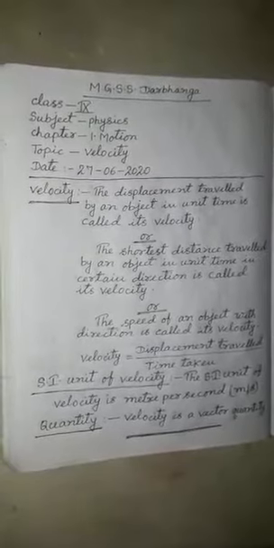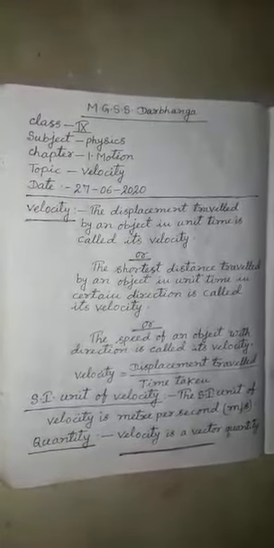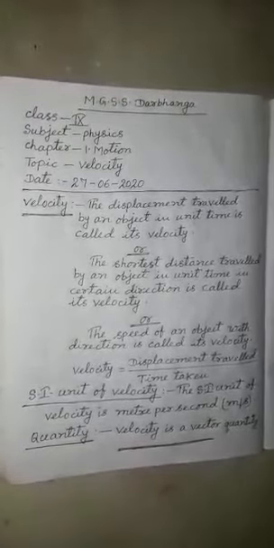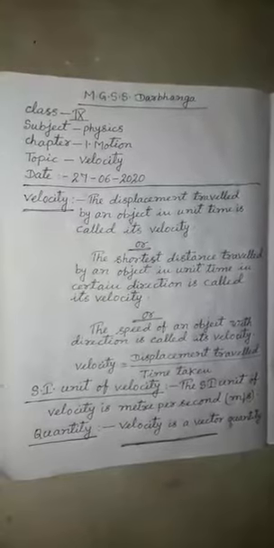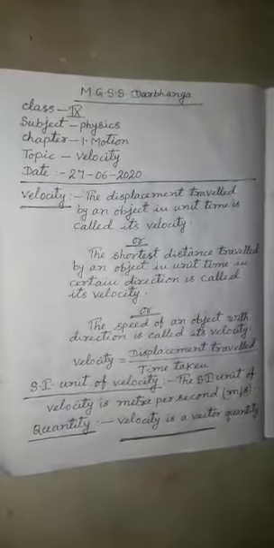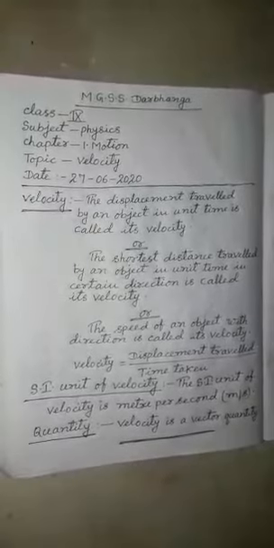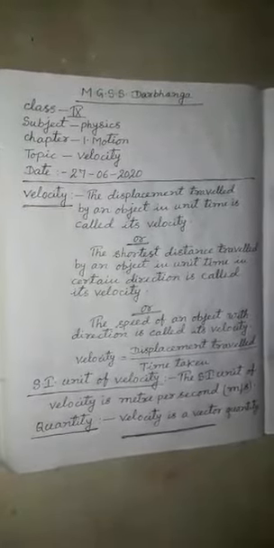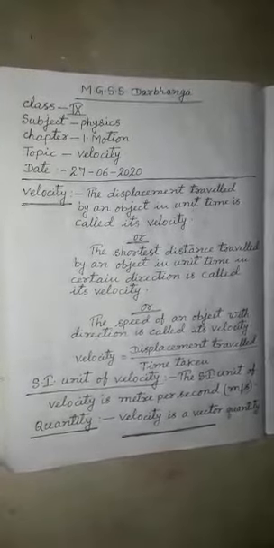Now compare these two at first. The shortest distance traveled by an object in certain direction is called displacement.